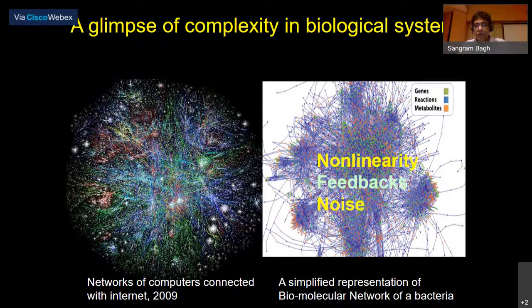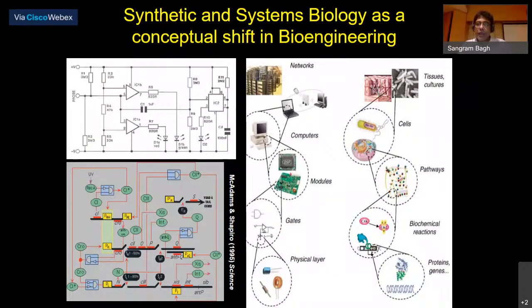Now, toward the end of the last century, scientists started thinking that if you would like to understand this network of genes and proteins, who is working on networks? In engineering, electrical and electronics engineers are always working on networks.